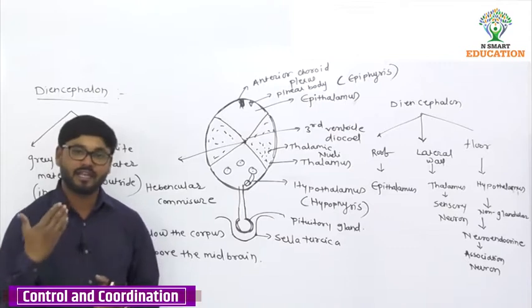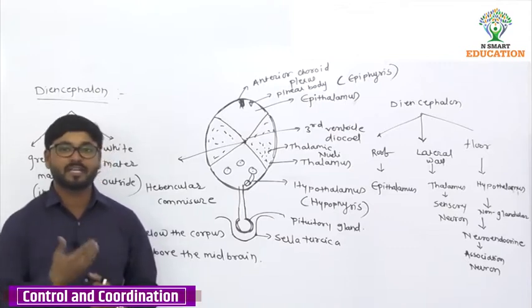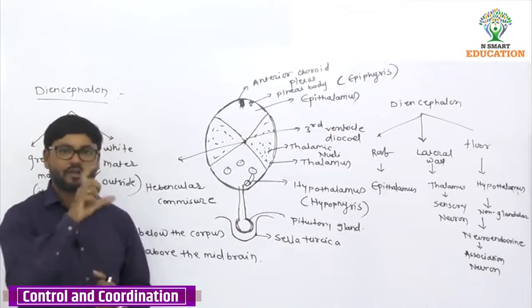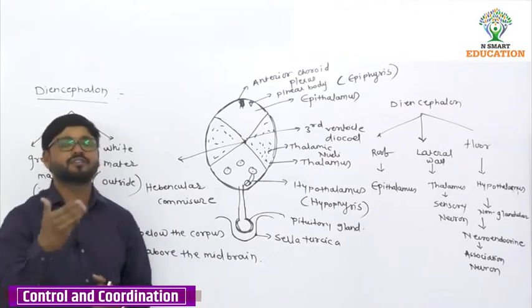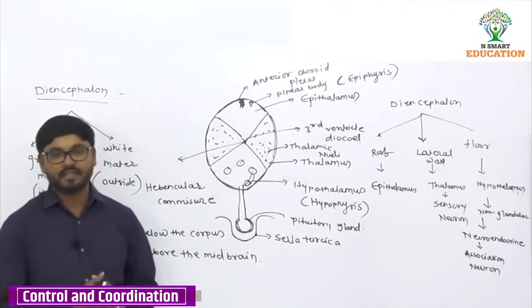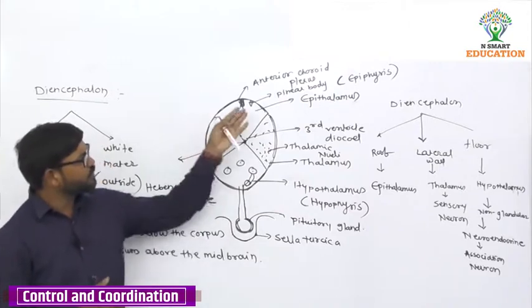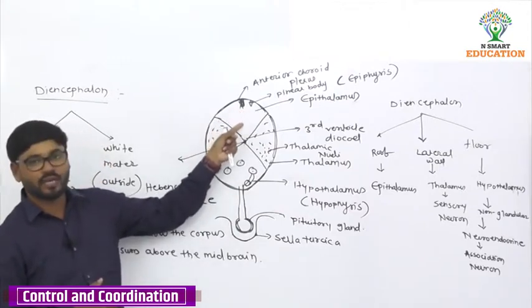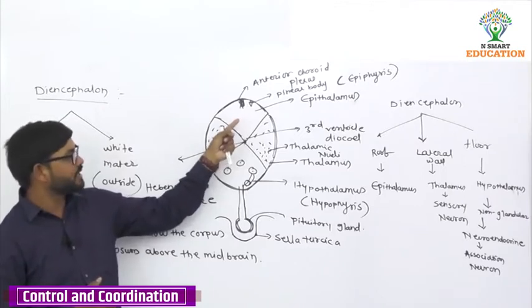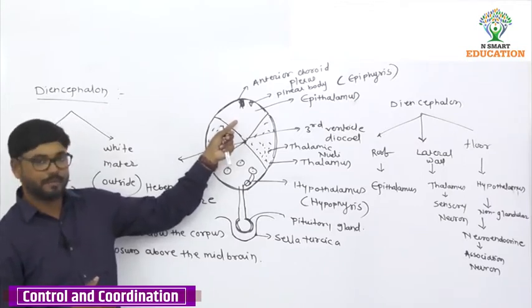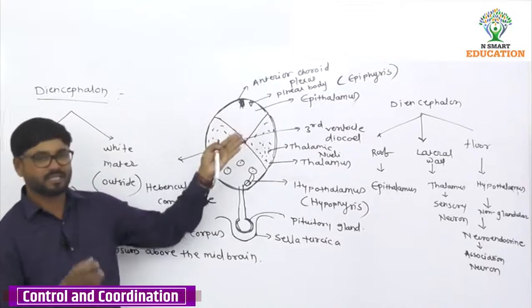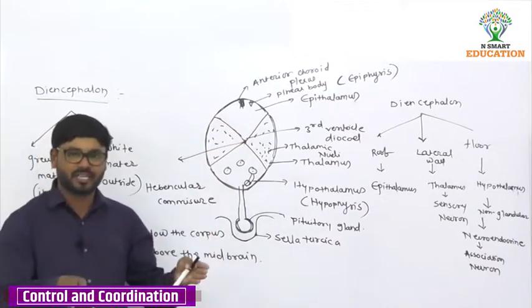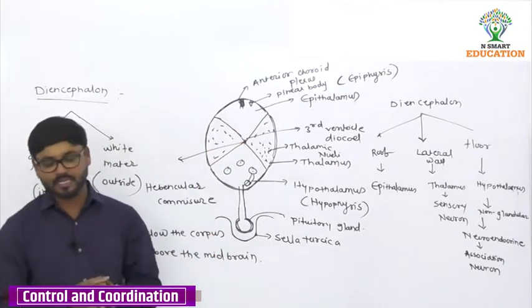Also the anterior choroid plexus is present on top of the cavity, which also secretes CSF. So inside the epithalamus, epithelial tissues and ependymal cells are present.